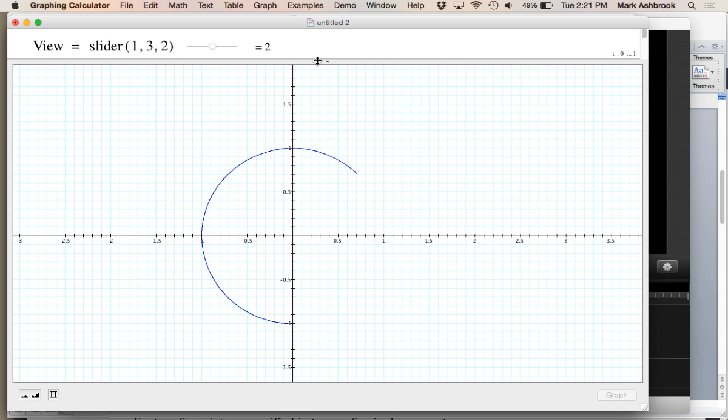Maybe you can discuss at your table. What was it that we learned? T varies from 0 to 1 that could give me this set of points. Talk about it. See if you remember.